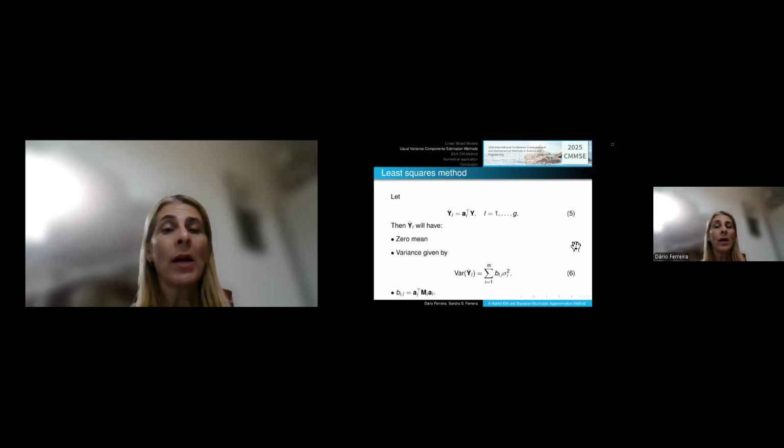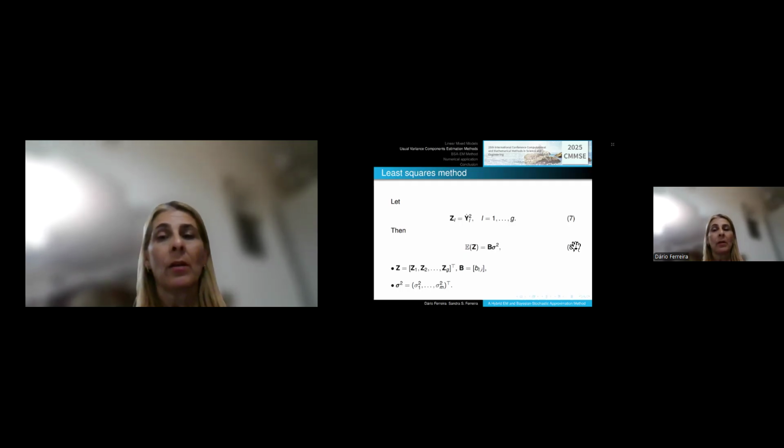And let y dot L equal to this expression in 5. So y dot L will have 0 mean and variance given by 6, where B_li are given by A_l transpose M_i A_l. In equation 7, we consider Z_l equal to y dot L squared.